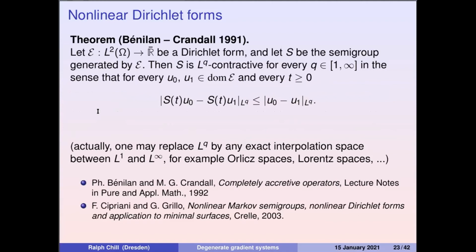That's done by extrapolation. L-infinity contractivity is actually equivalent to L1 contractivity, and then you interpolate between L1 and L-infinity. So you get well-posedness also in different spaces than L2 by this L2 theory.